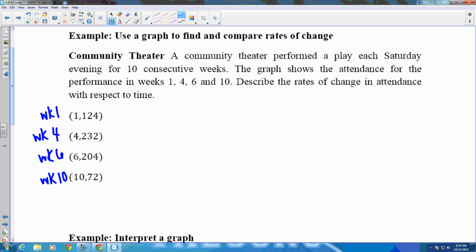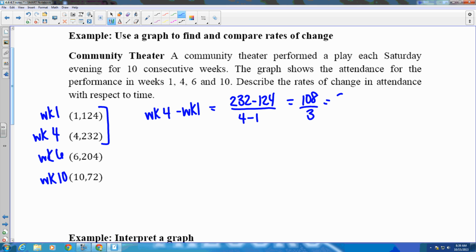We have to do week 1 to 4. Let's do that one first. Change in attendance, it'd be 232 minus 124 over 4 minus 1, 108 over 3, so that's 36 people per week.